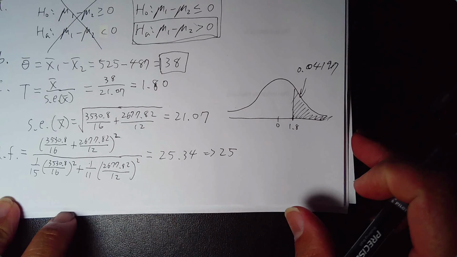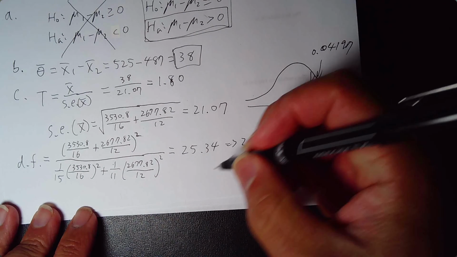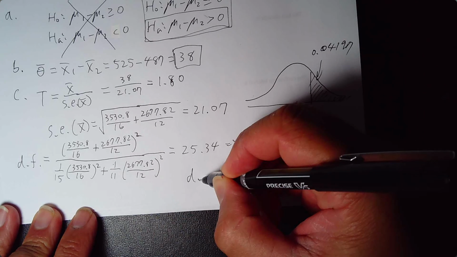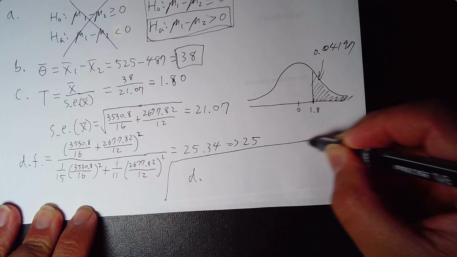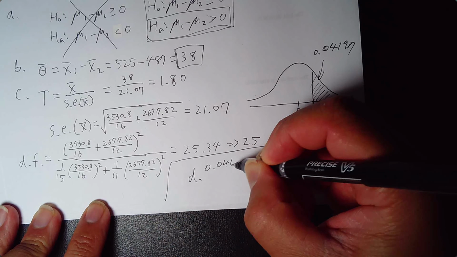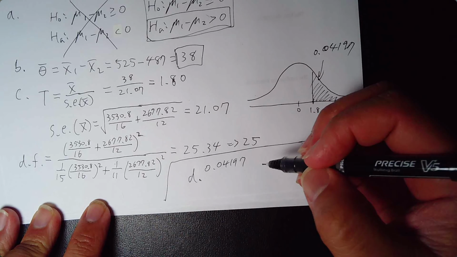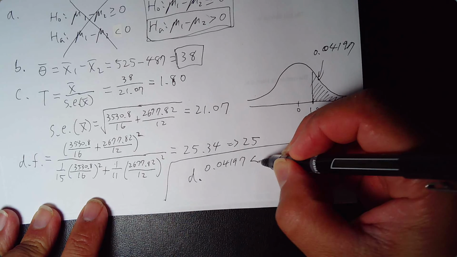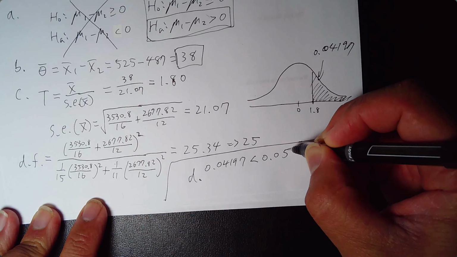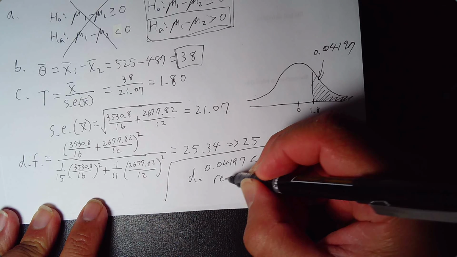So my p-value is 0.04197. Let's do part D, the last part at the bottom here. Oh, this is very close, right, to 0.05. Nonetheless, it is still less than 0.05. So because it is less than that, we reject the null hypothesis.